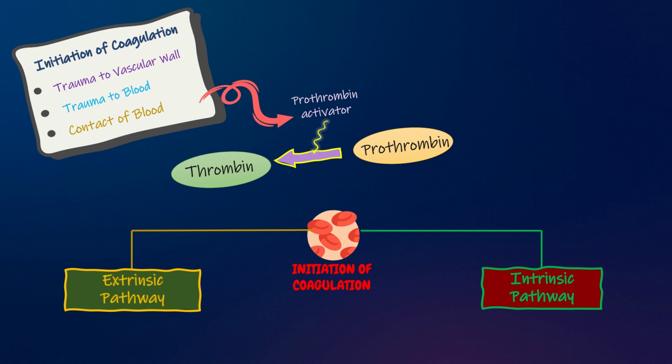Most of the clotting factors are designated by Roman numerals. A small letter a is added after the Roman numeral, such as factor 8a and factor 7a, to indicate the activated state of factor 8 and factor 7.